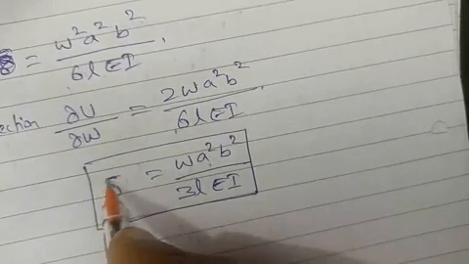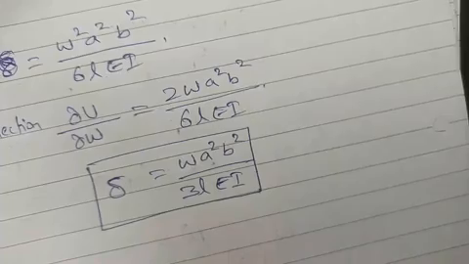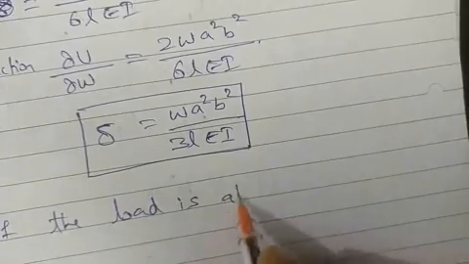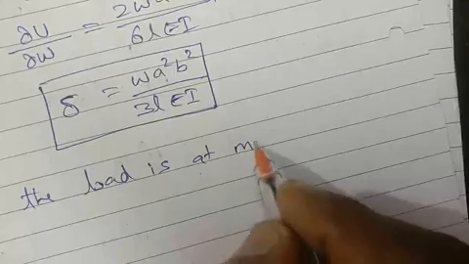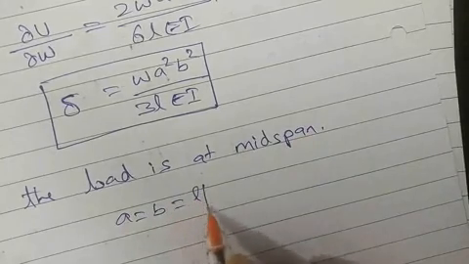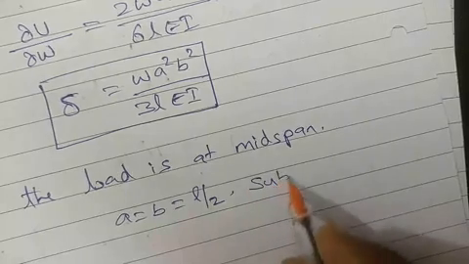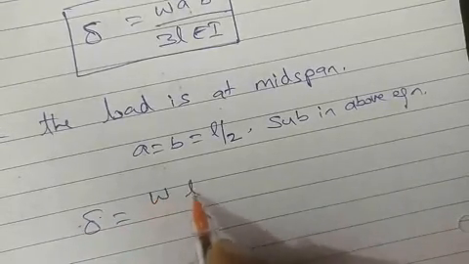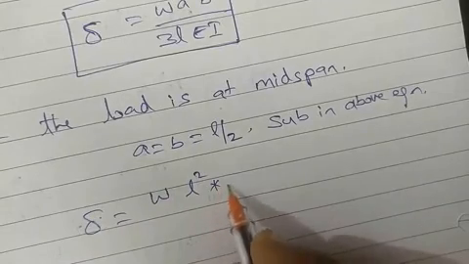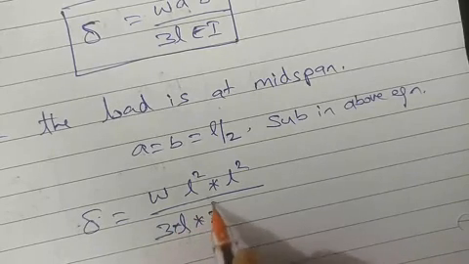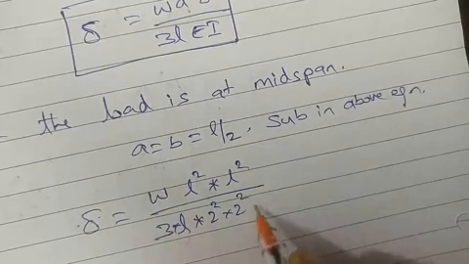Now if the load is at mid span, then A is equal to B is equal to L by 2. Substituting in the above equation, delta is equal to W L square by 3 into L into 2 square into 2 square EI.